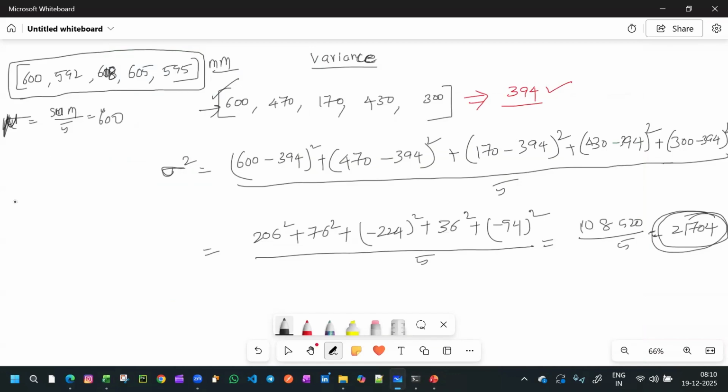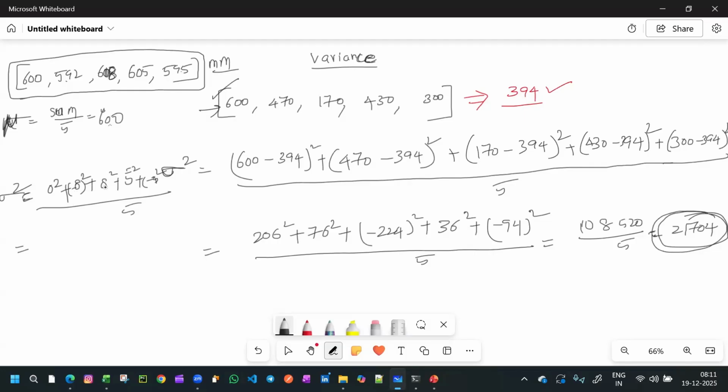Now the variance. Let me calculate the variance. Sigma square is equal to 600 minus 600 is 0 square, 592 minus 600 is minus 8, so minus 8 square, 608 minus 600 is 8 square, 605 minus 600 is 5 square, 595 minus 600 is minus 5 square, divided by 5.